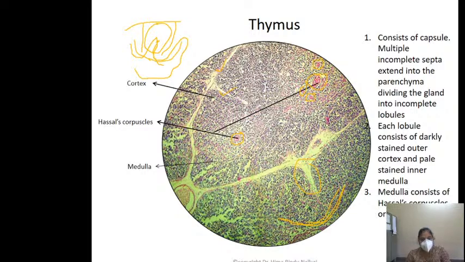The lymph node and the spleen you can differentiate. In the spleen, you can see the eccentrically placed arteriole, and you call it the red pulp and white pulp. For the lymph node, you call it the cortex and medulla, and in its lymphoid follicles you don't see any arterioles. That is the characteristic feature to identify the lymph node and the spleen.